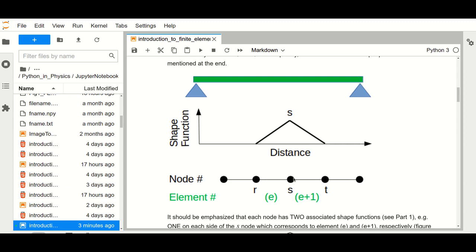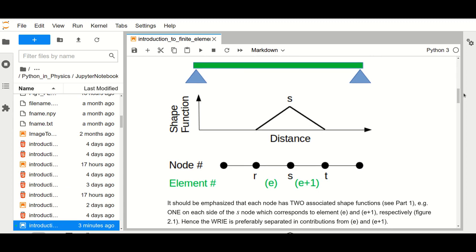For example, in this case, the S node has two shape functions, one on each side of the node, that is in element e plus 1, and in the left element, which is labeled e. Now these two elements are defined by the nodes. So element e is defined by the nodes R and S, and element e plus 1 is defined by S and T.